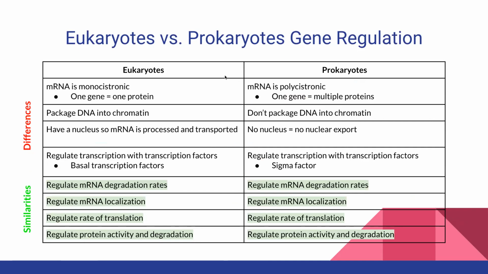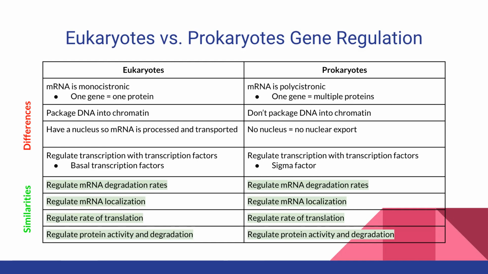And then these are just some similarities and differences between prokaryotes and eukaryotes. The similarities: both types of cells can regulate the degradation rate. They can regulate mRNA localization, the rate of translation, and again, protein activity and degradation.